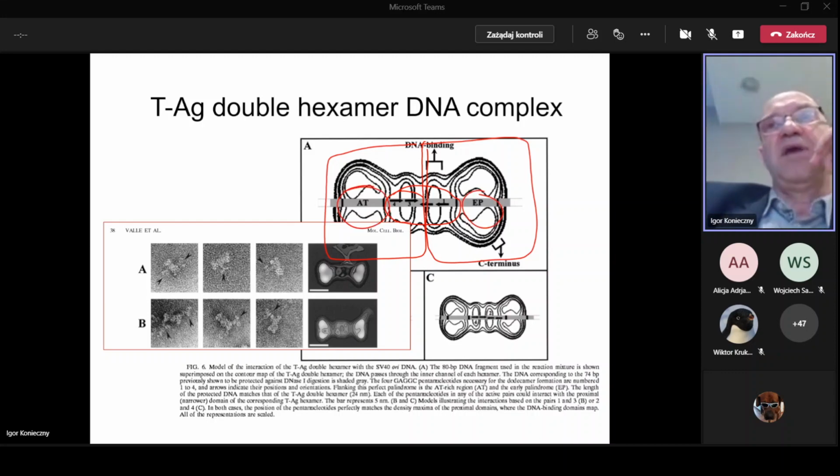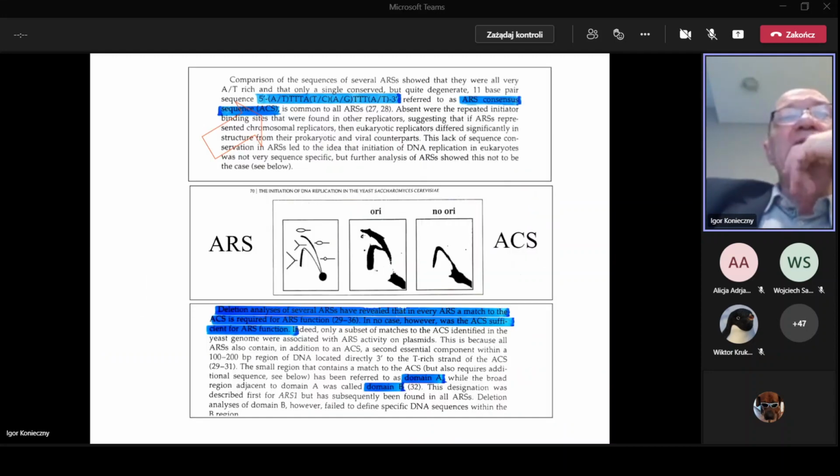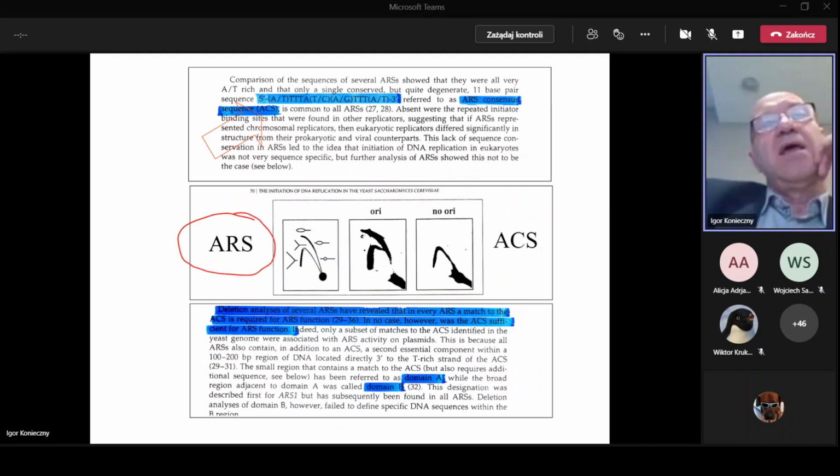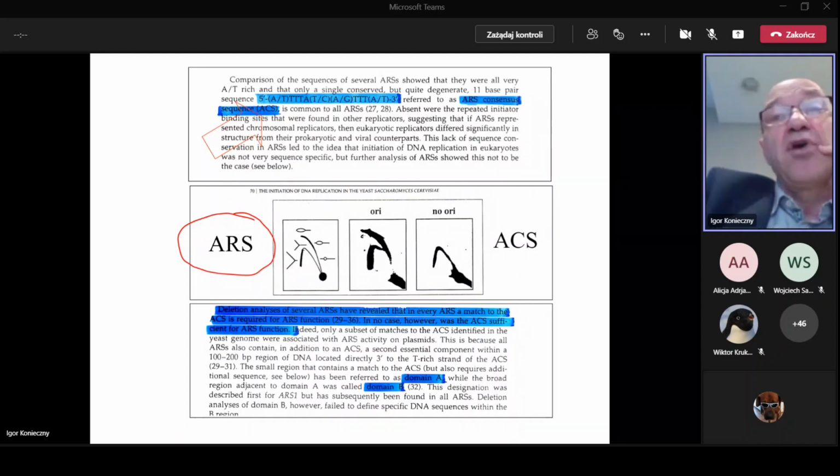In yeast, we have specific elements which are called autonomous replication sequences. And these autonomous replication sequences contain an autonomous replication sequence consensus sequence.